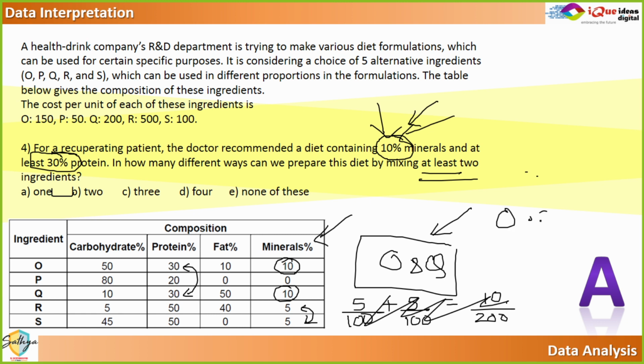You're mixing 5 and 100, 5 and 100. So you get 10 out of 200, which is equal to only 5%. Kush, did you get that? When you mix R and S, you get only 5%. You cannot increase a percentage by adding small numbers.